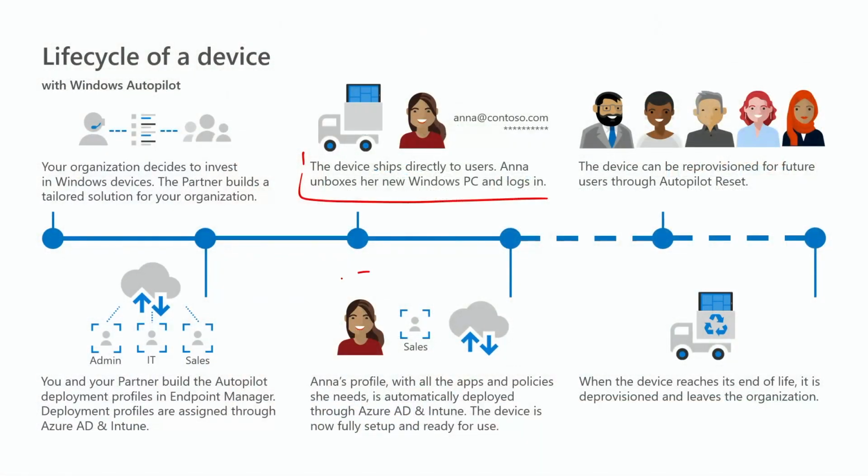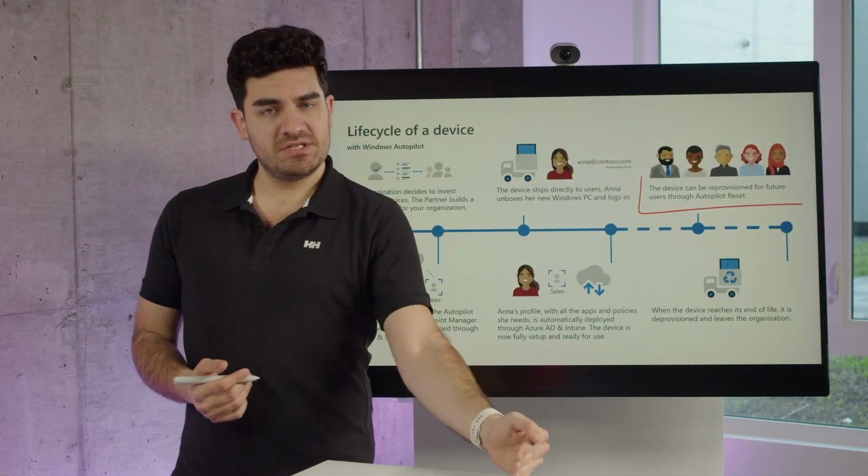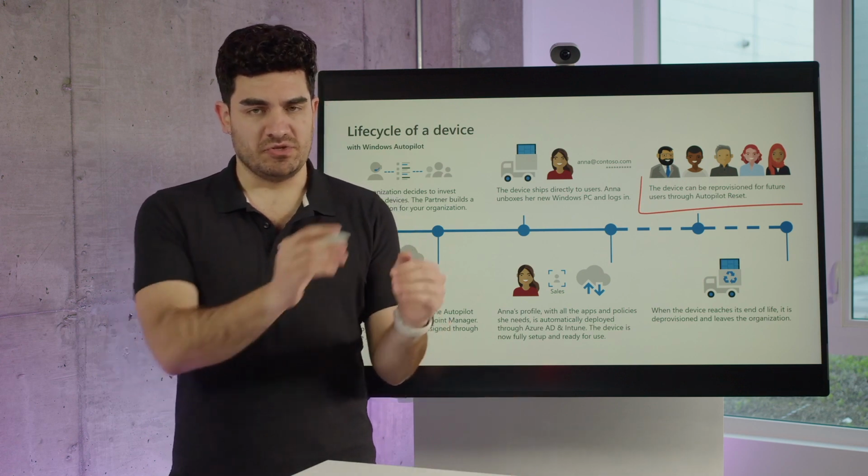That unique profile to the user is pushed down to the device, and then when that user is no longer using it, it can be reset with a feature called Autopilot Reset, where yes, it will erase everything the previous user did, and then it will pre-provision the next user. Bytes can help you do this. They'll change the assignment.